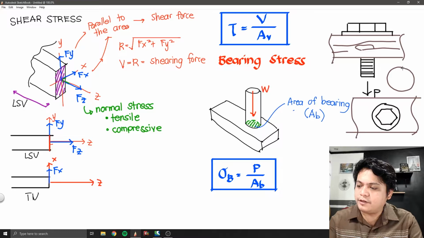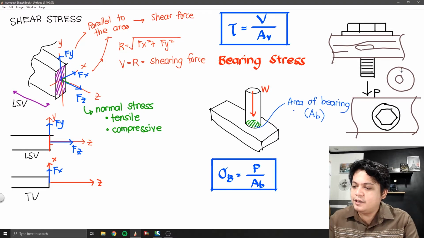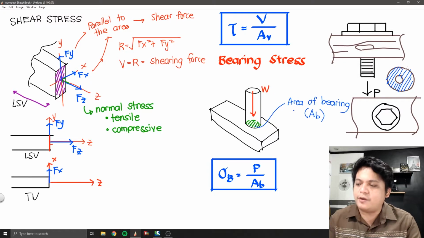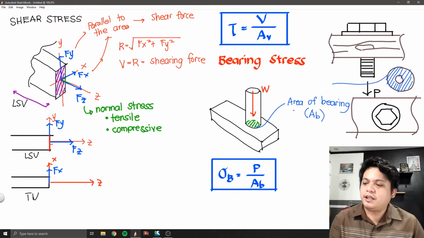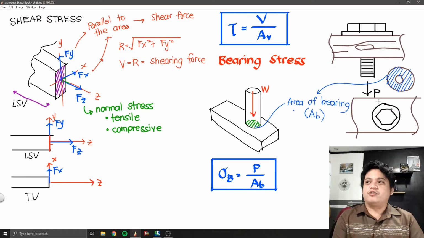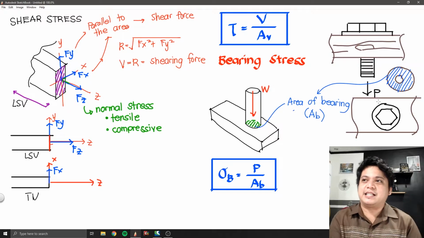Ganyan yung plate washer, di ba? Itong area po na to, na kung saan nakadikit yung plate washer at saka yung pinaka-timber or pinaka-tabla, yun po yung ating area of bearing. And then yung force P, yun yung ating force. So that is called the bearing stress.